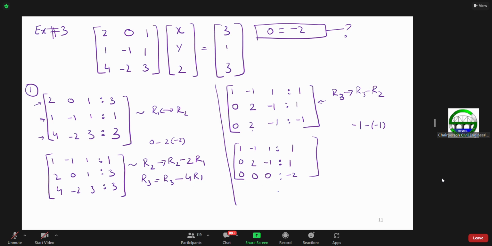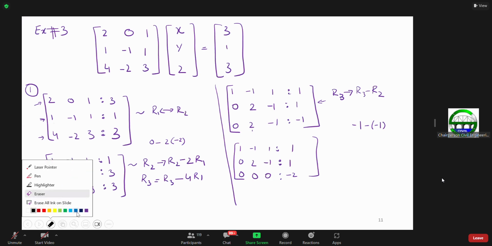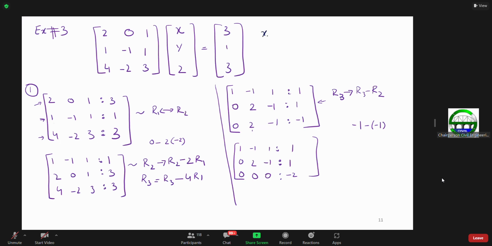If we make equations from here, the three equations will be like this. The first equation is x minus y plus z is equal to 1.